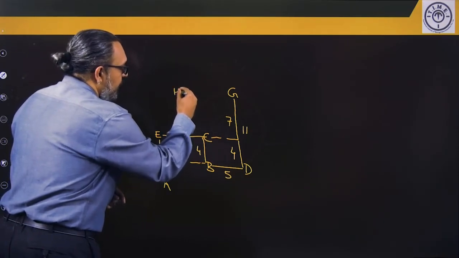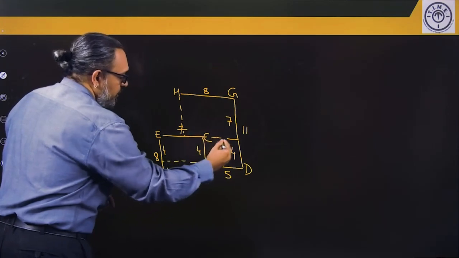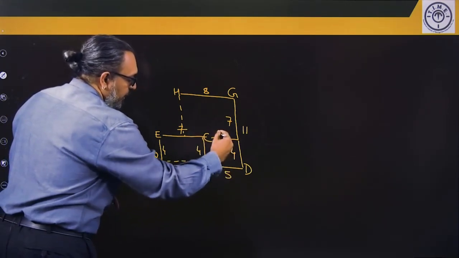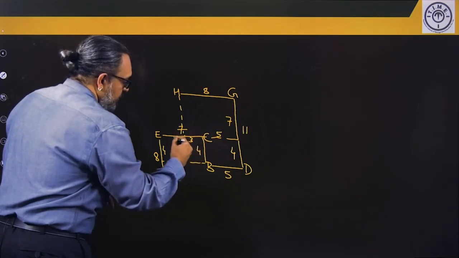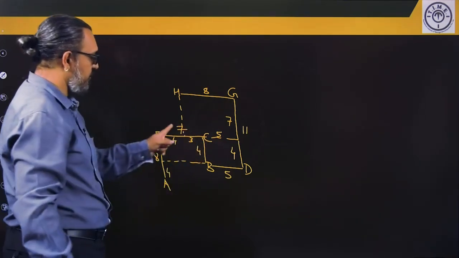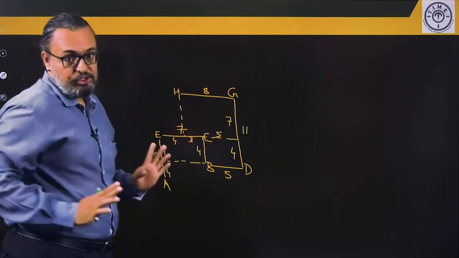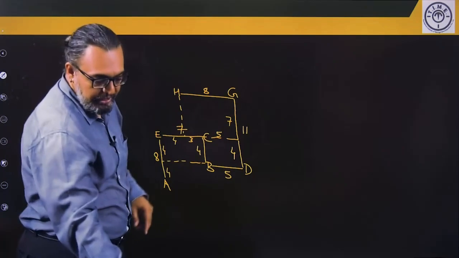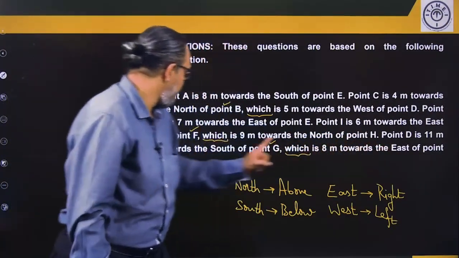So this is where I can have H and this distance is identified as 8 meters. So this is 5 and this is 3 and this is 4, so that the total becomes 7, correct? So right side of H, east of H, correct? So we have east of point H.